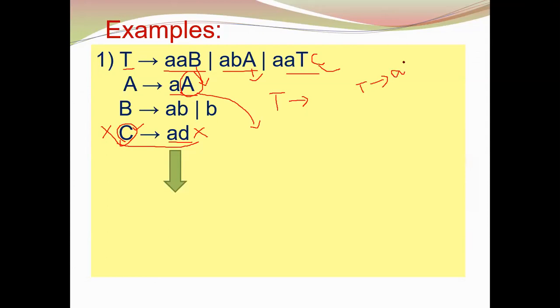Finally, our grammar is valid only if it contains terminals, right? I start with the production T tends to ABA. I'm going to substitute for this A, A, B, and for this A I'm substituting A again, because in my grammar I have the production A tends to A. I'm substituting A for this A.